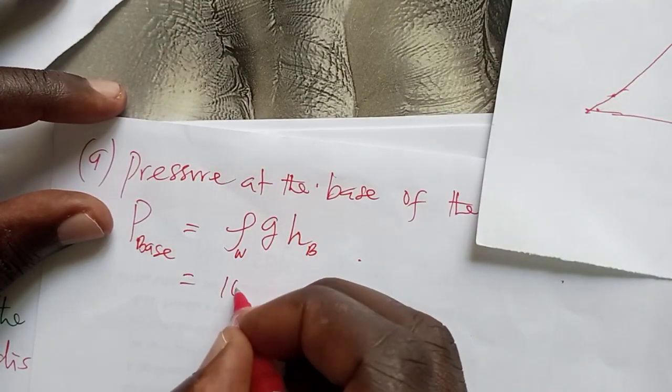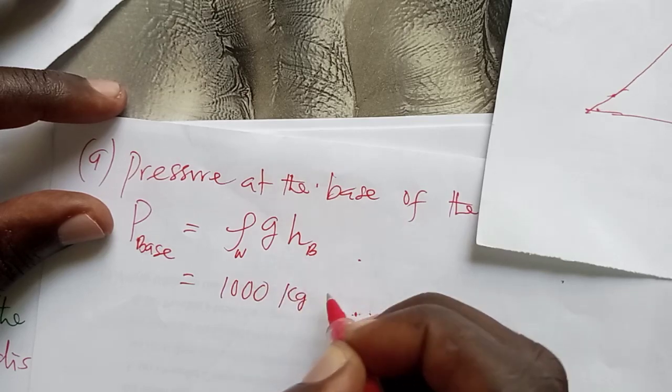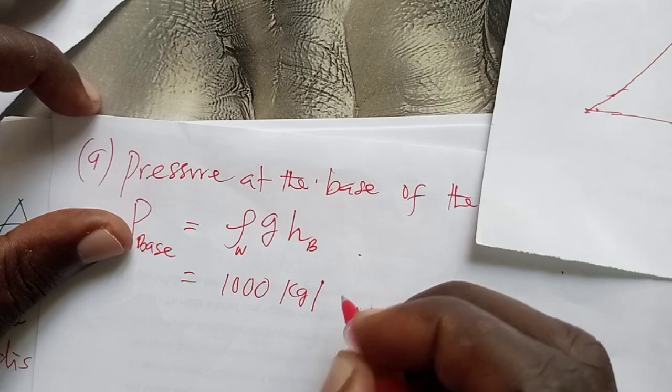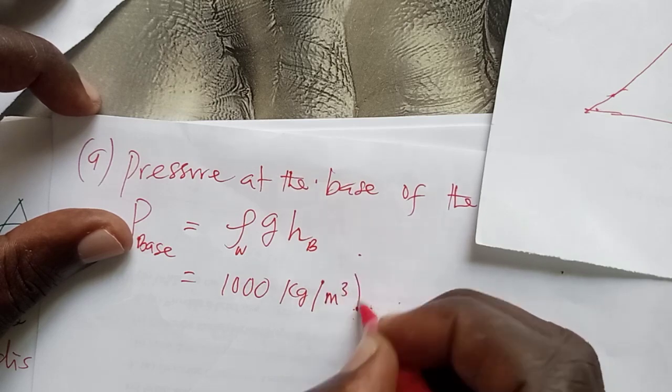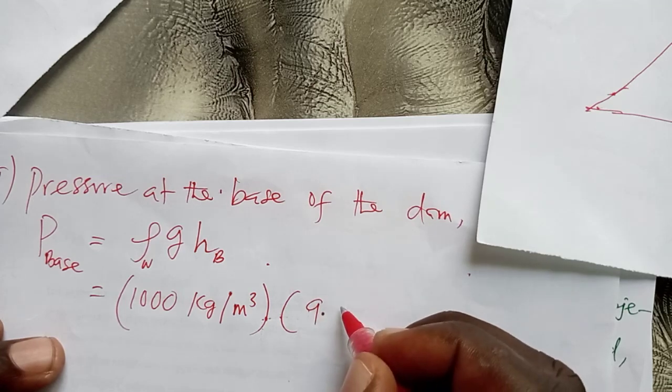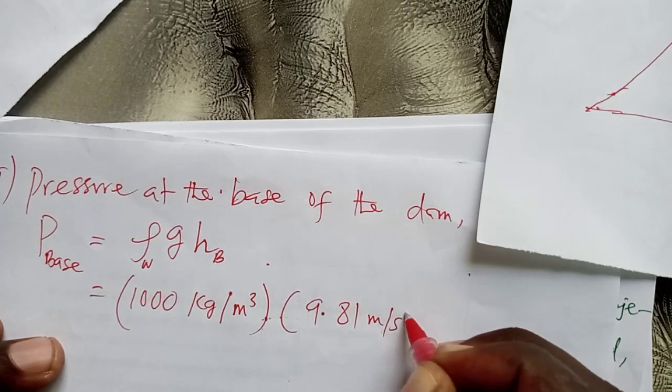The density of water is 1000 kilogram per cubic meter, and g is acceleration due to gravity, which is given as 9.81 meters per second squared.